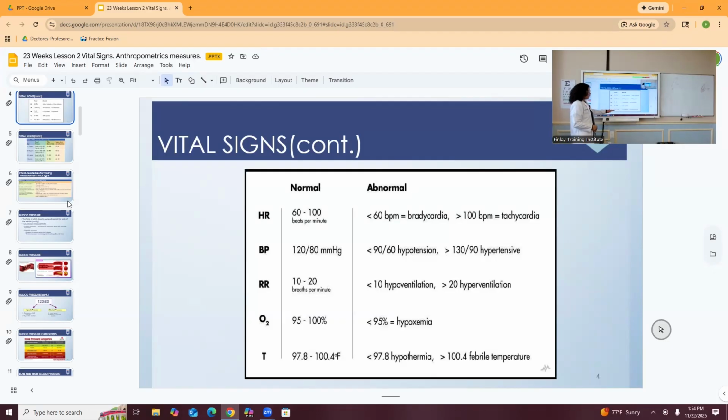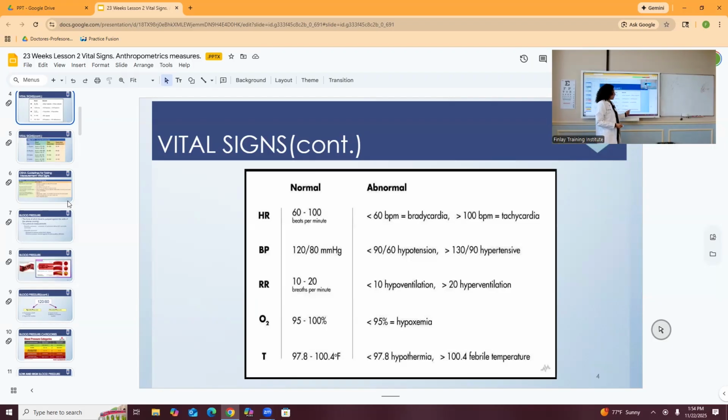The temperature is going to be normal, 97.8 to 100.4. And this is the limits of normality. If it's less than 97.8, then we consider that the temperature is low. So it's hypothermia. Hypo means low, thermia, temperature.